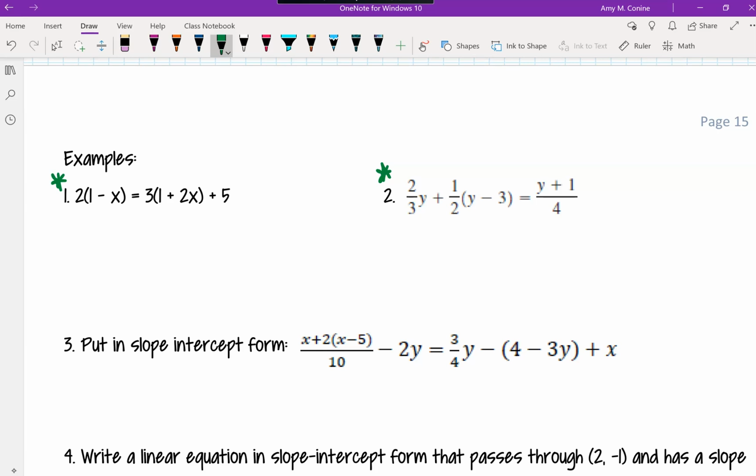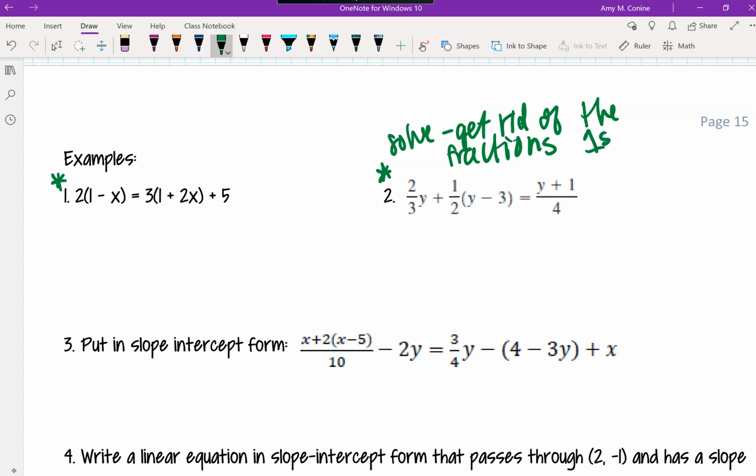The main thing for number 2 is I want you to try to solve, but you need to get rid of the fractions first. I want you to try that strategy. Hopefully you understand what that means. If you don't, that's something you should write down. You should ask me, hey, what did you mean by that? I want you to go ahead and do those on your own.